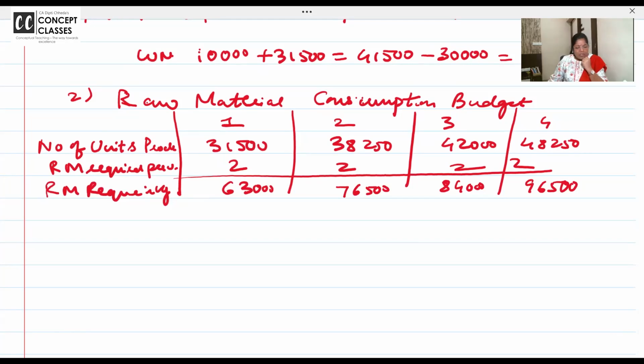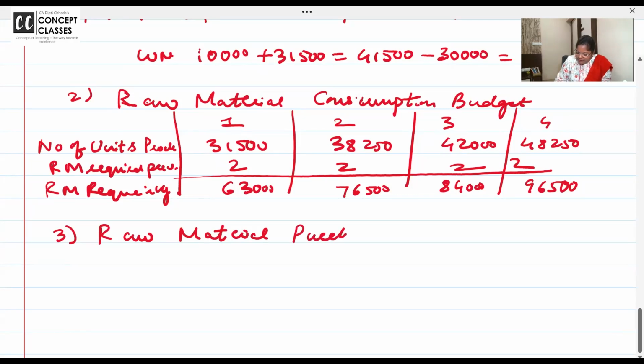How much is total raw material consumed each quarter? Third, they have given purchase in quantity and in value. So can we do it together? I mean, say for all the 4 quarters, what will be the raw material purchase budget? Are you all calculating with me? Sure?